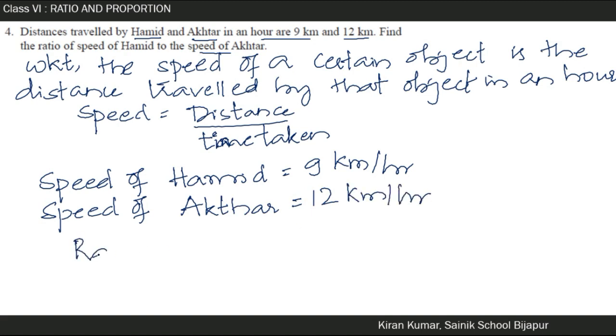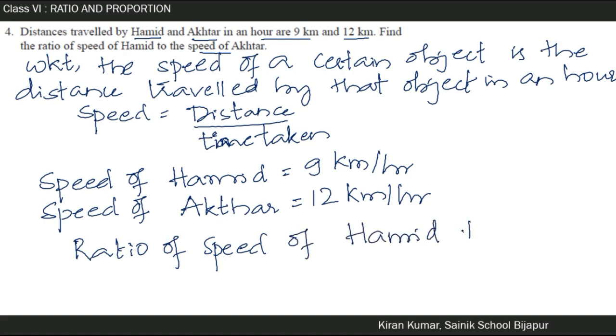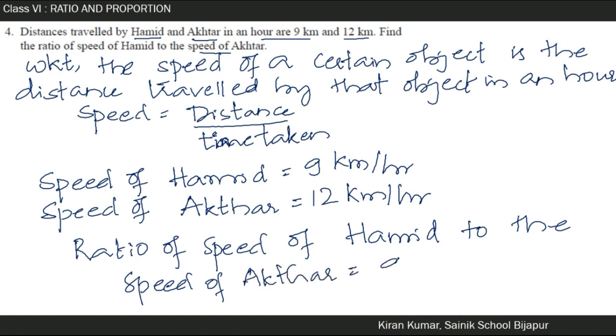Therefore, the ratio of the speed of Hamid to the speed of Akhtar will be equal to 9 upon 12. This will be 3 is to 4. 3 times 3, 4 times 3 is 12.